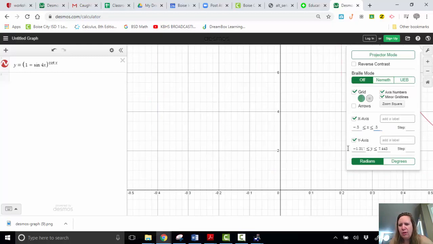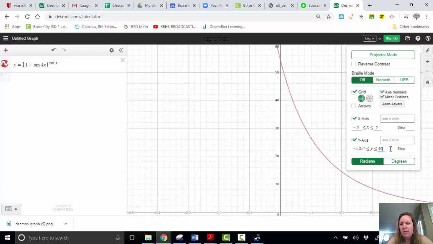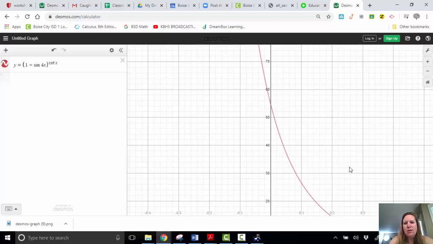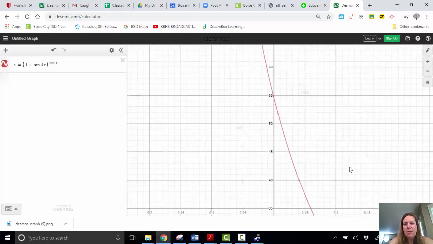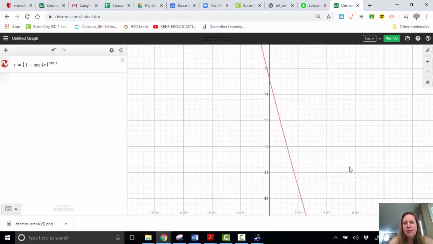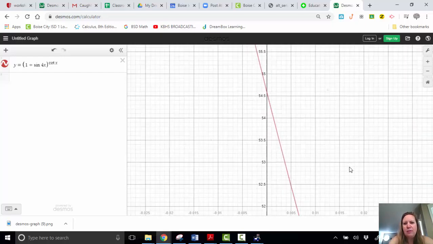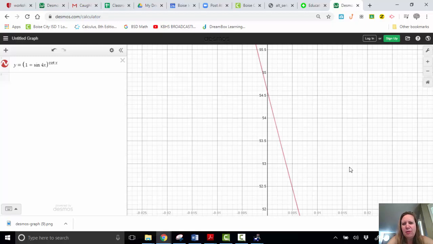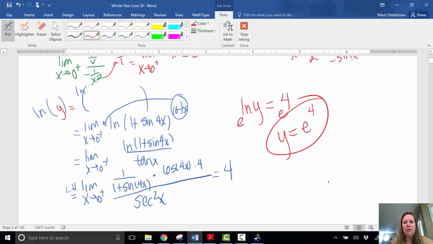E squared, probably pretty big. Yeah, I'm going to pick 60 there. Okay, so you can see here that this thing is looking like we're crossing that 0 right at that spot. And I don't know what e squared is off the top of my head, but you can check that on your calculator. So we can see graphically that we're proving that we're right, but it just seems so bizarre because it's not intuitive at all that that would work out that way.